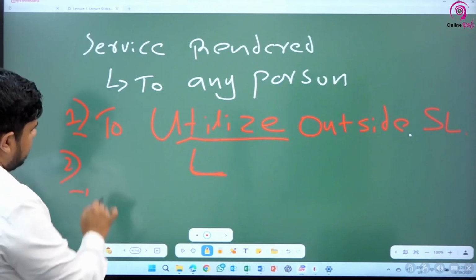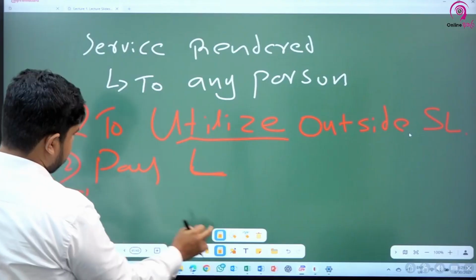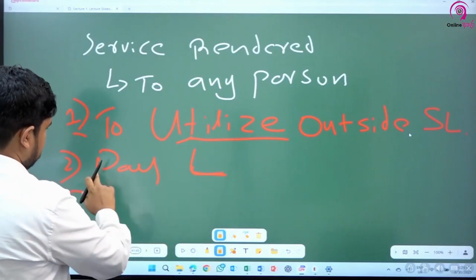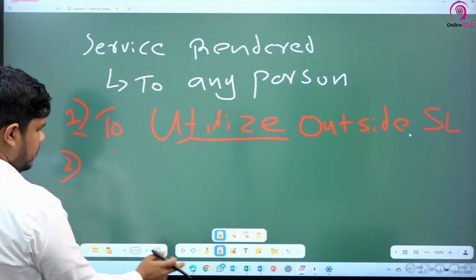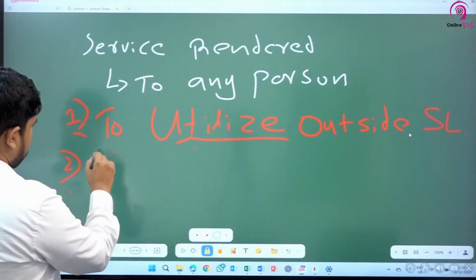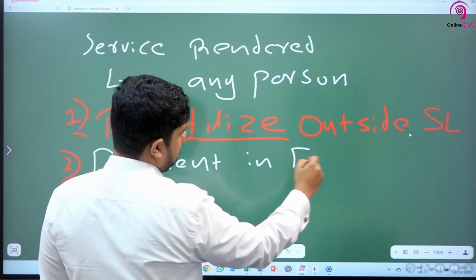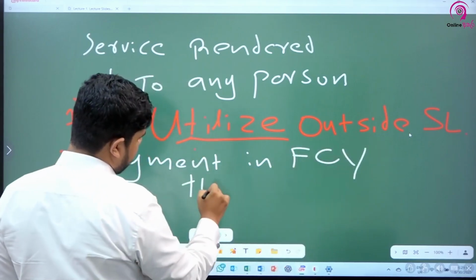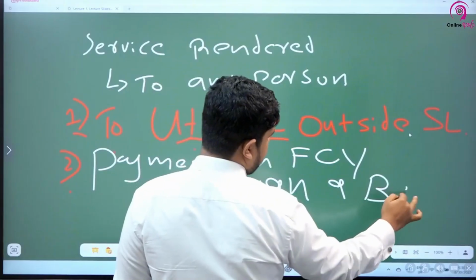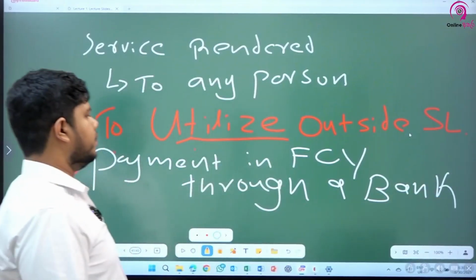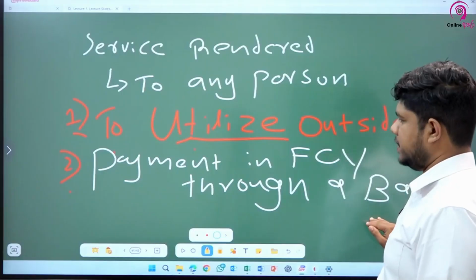Second one, payment in foreign currency through a bank, right? It should be received through a bank, right?